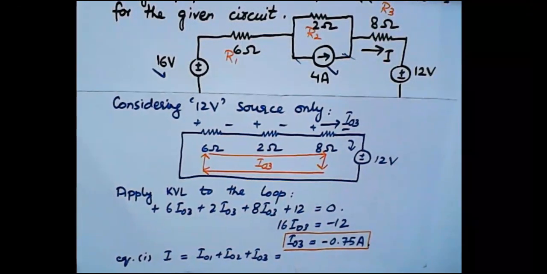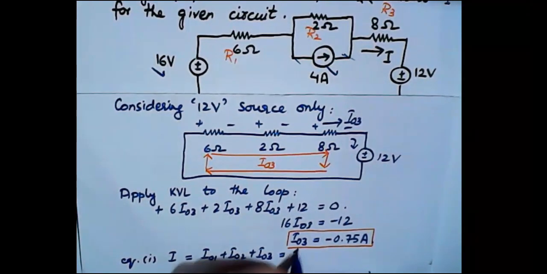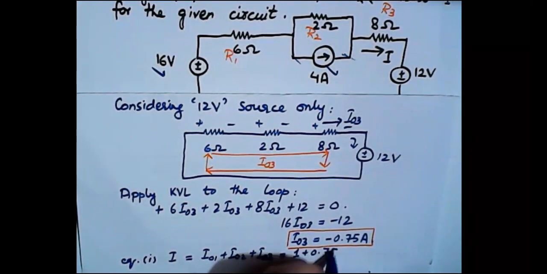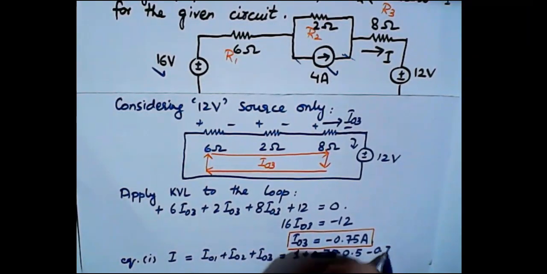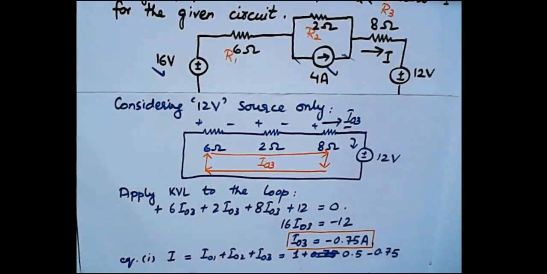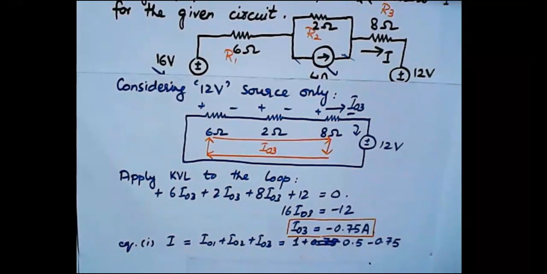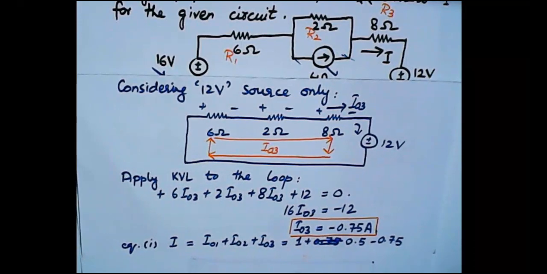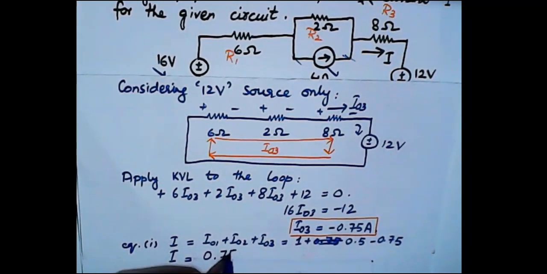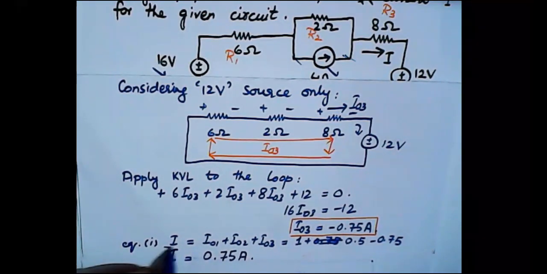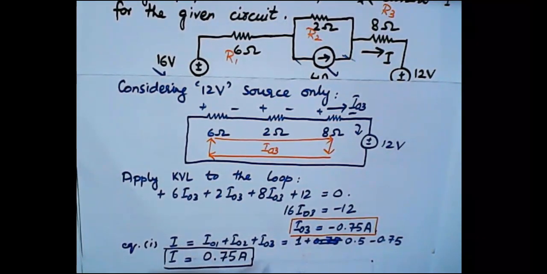So 1 plus 0.5 minus 0.75, so the final answer is I is equal to 0.75 amperes, right? So this is the final answer for this question.